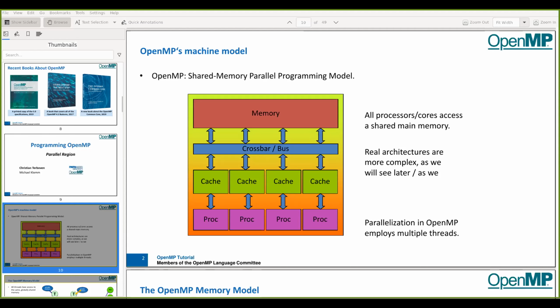In the course of this tutorial, you will learn that it addresses almost all aspects of programming for parallelism, acceleration, and so forth within a node, but this is where it stops. OpenMP is designed to stay within the node. Real architectures are more complex than what I'm showing on this picture here, but for the beginning, we don't have to worry about those complications.